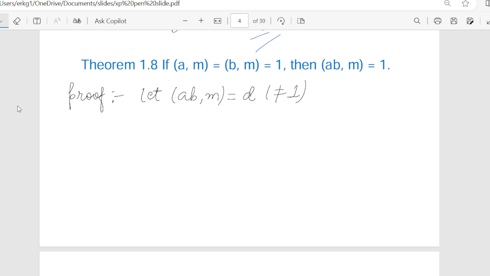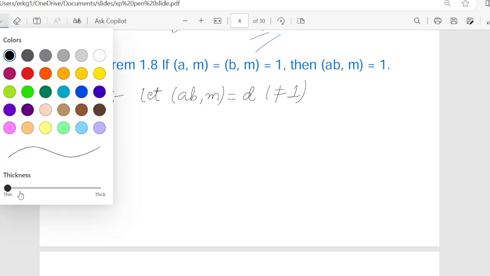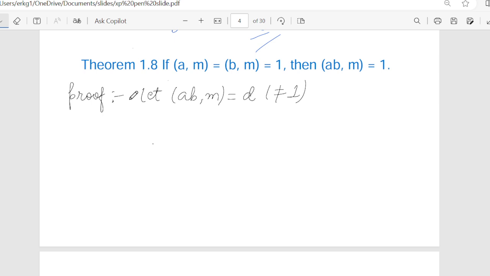I mean, let us assume GCD of ab and m is d, which is not equal to 1. Then, by the definition, there exist x, y belonging to the set of integers such that abx plus my is equal to d.